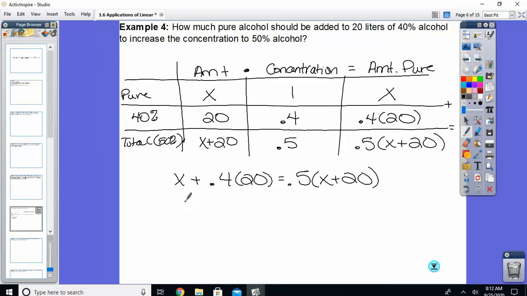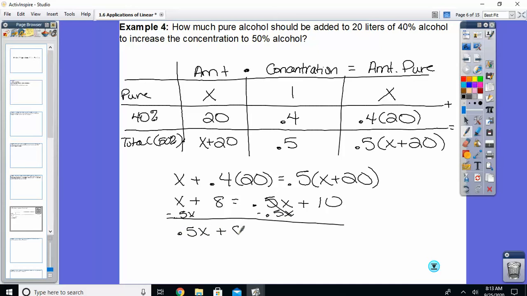So we have X plus 0.4 times 20. What does that give you? 8 equals, we have to distribute, 0.5x plus 0.5 times 20 is 10. Subtract the 0.5x. So we get 0.5x plus 8 equals 10.